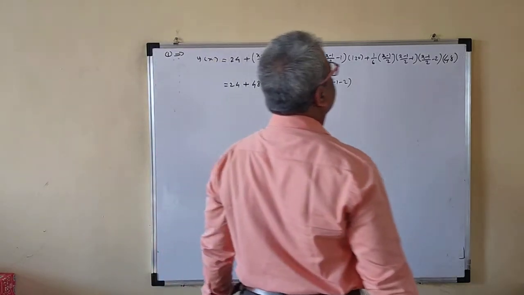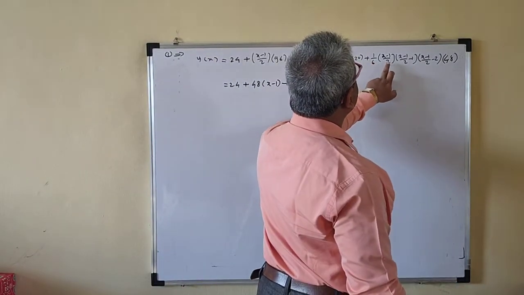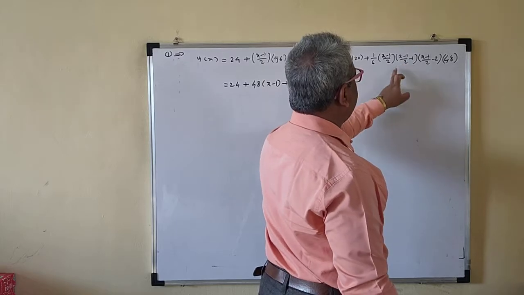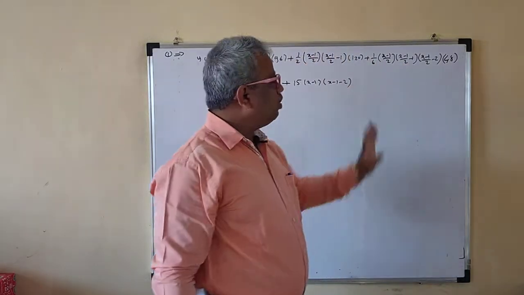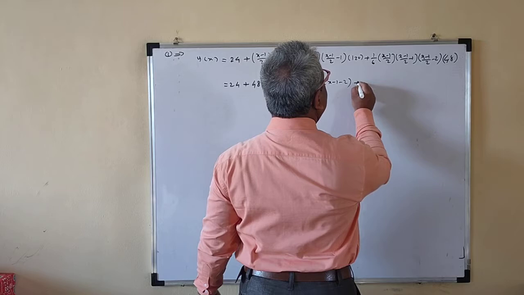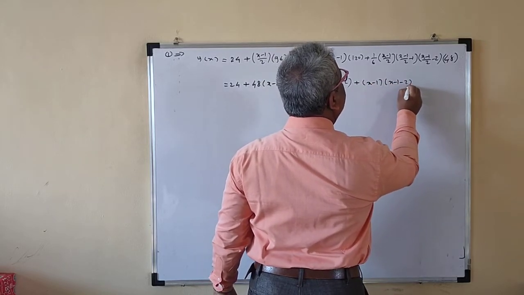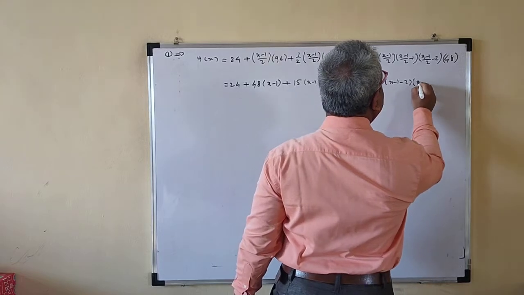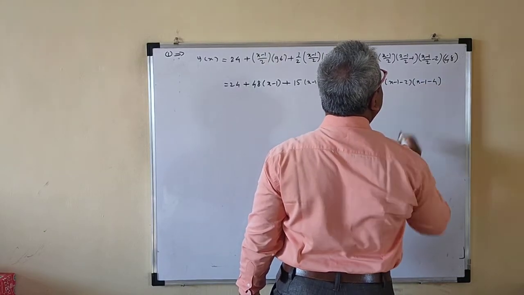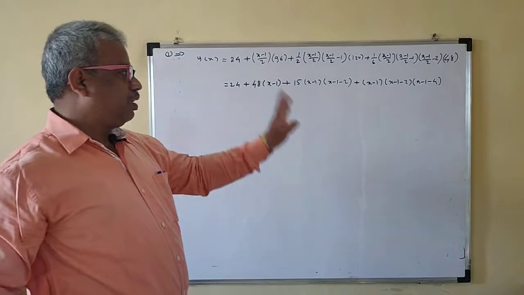Okay. So now this is 6, 2, 2, 2, so 8, so 48. There is no coefficient now. This will be x minus 1, x minus 1 minus 2, so x minus 1 minus 4. Your 48 will get canceled.